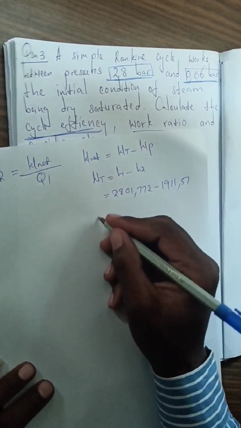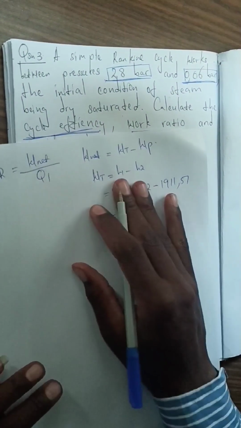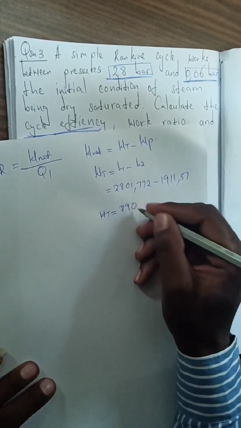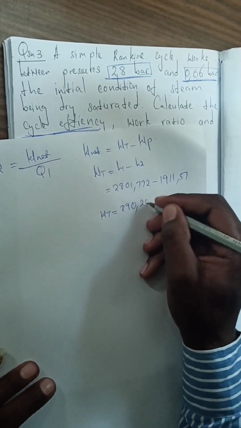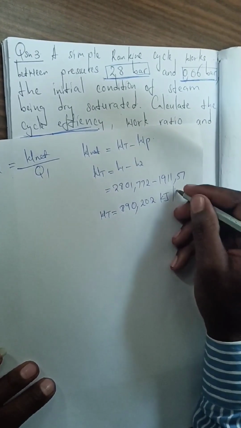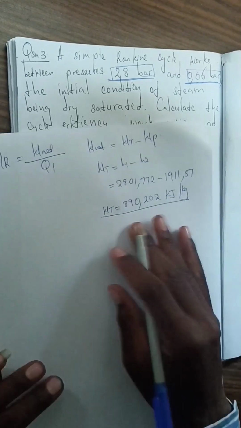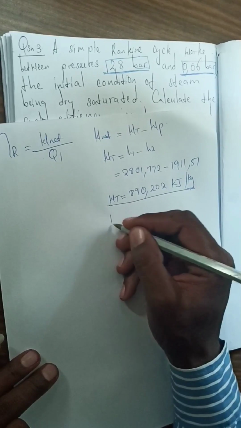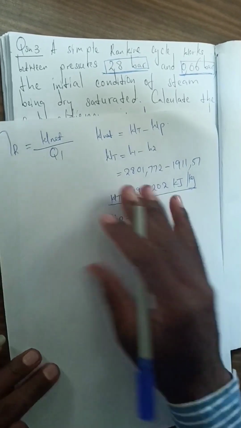Then our work turbine is going to be 890.202 kilojoules per kg.